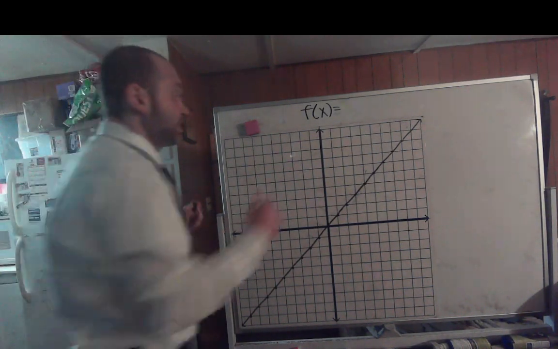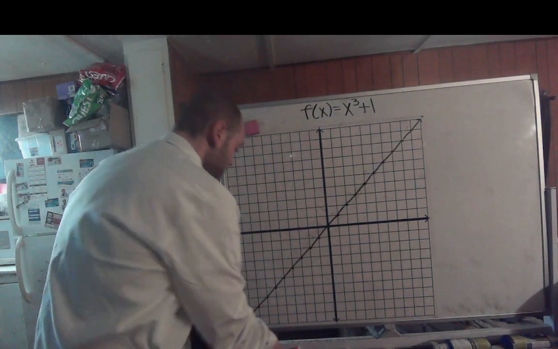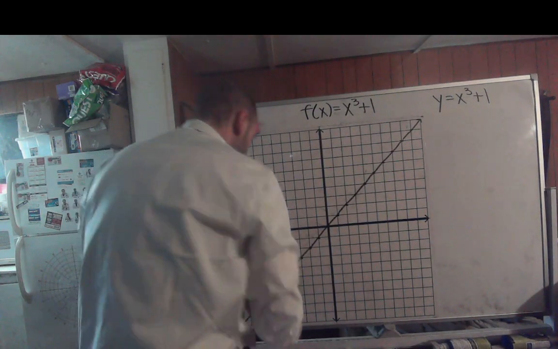F of x equals x to the third plus 1. Alright, so we have been given f of x equals x to the third plus 1. So let's find the inverse of that one. So turn f of x into y. So y equals x to the third plus 1. Now you know what we got to do. We switch places with the x and y.